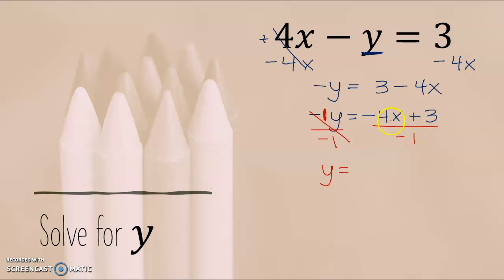And here we want to treat each piece individually. So we're going to start with that negative 4x divided by negative 1. Negative 4x divided by negative 1 gives us a positive 4x.